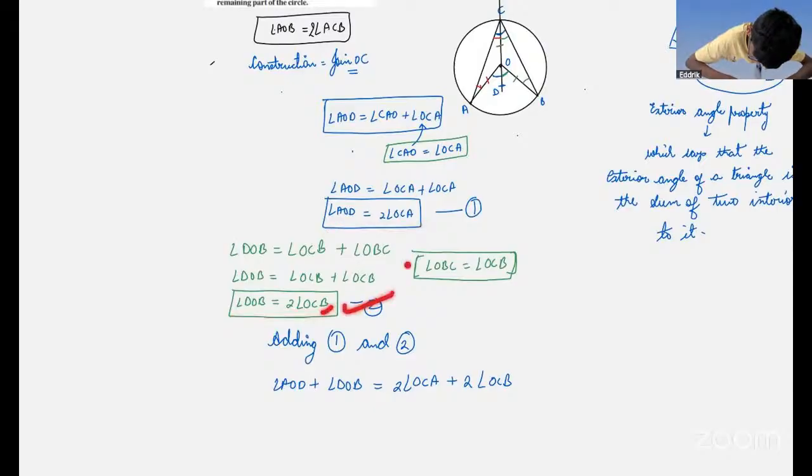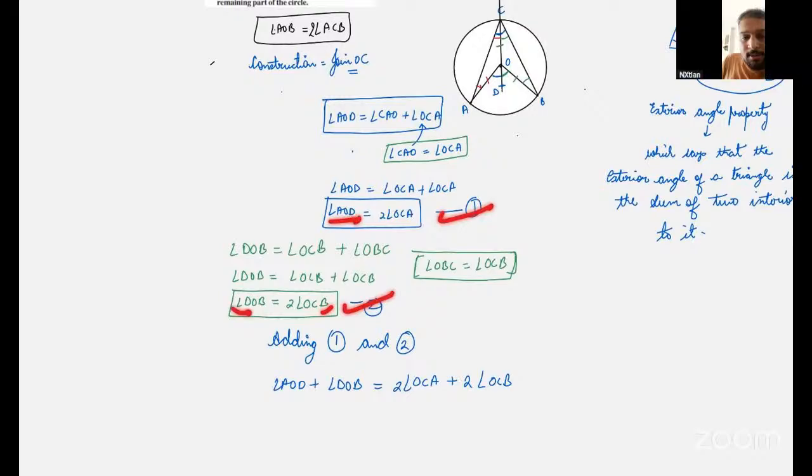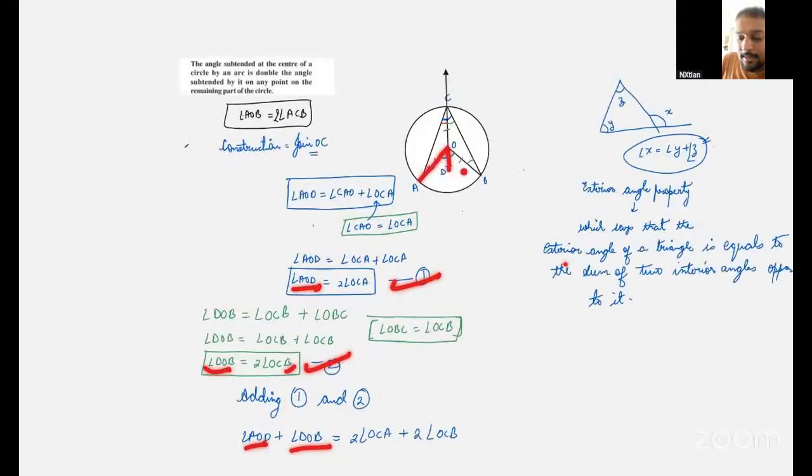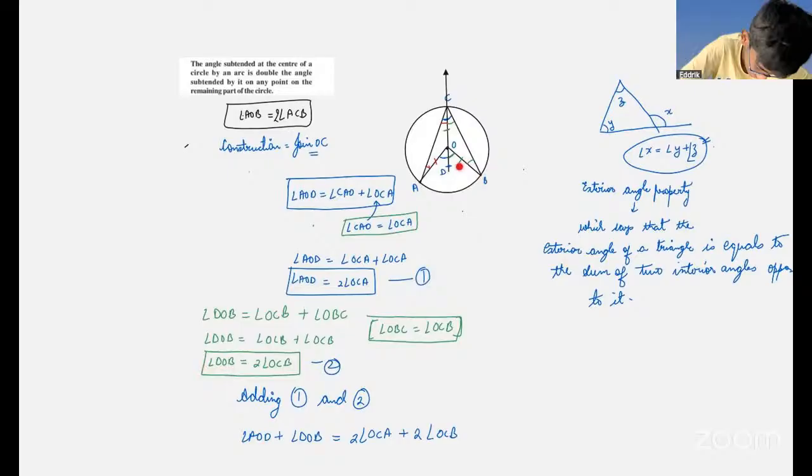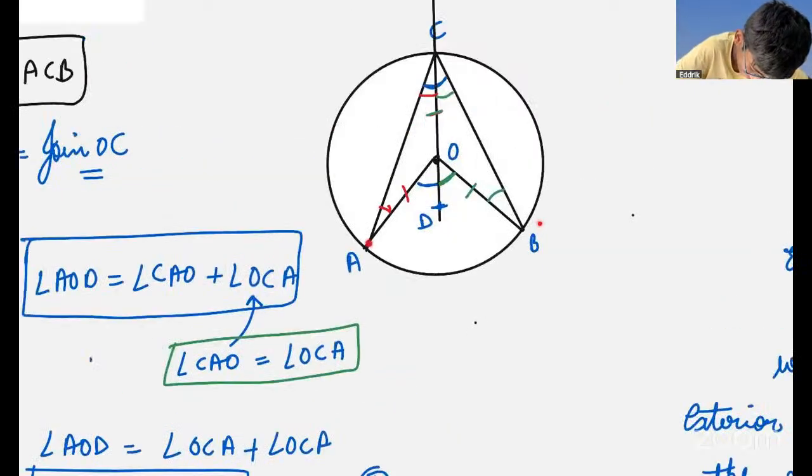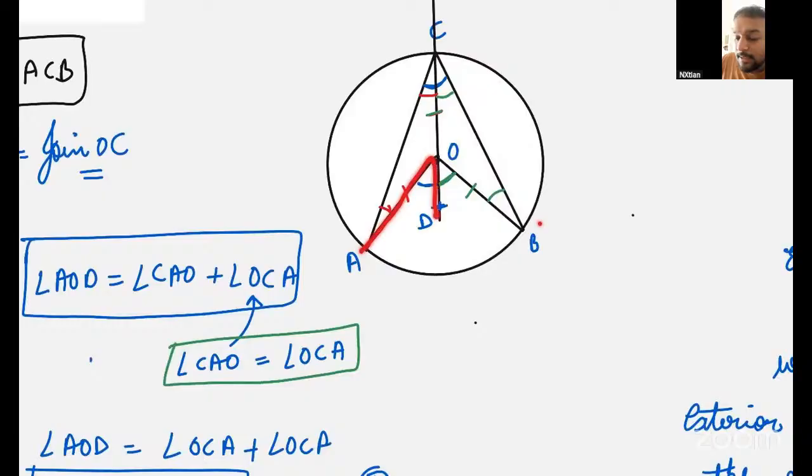Now, sir, I add this AOD plus DOB. AOD is this and DOB is this. It will become the full angle AOB. Got this? Yes or no? I'm repeating again: I'm adding AOD plus DOB, so this will become the whole angle, which is AOB.